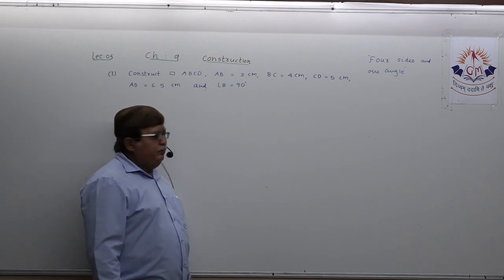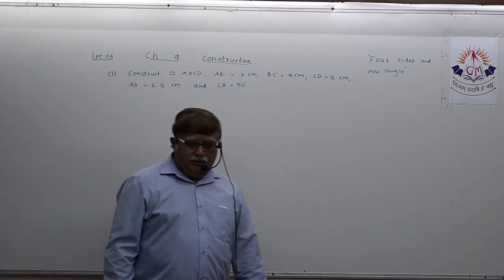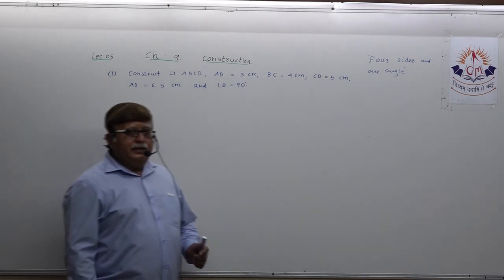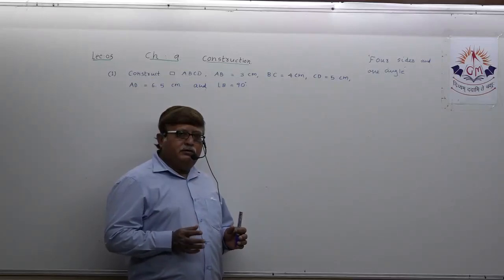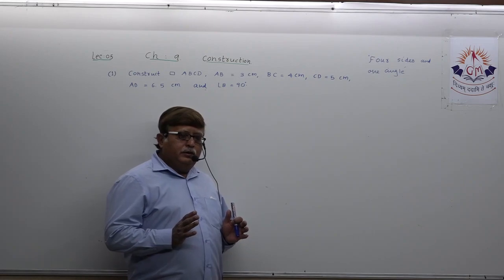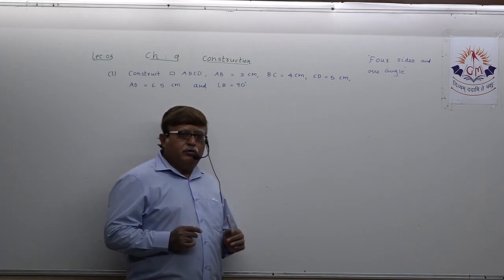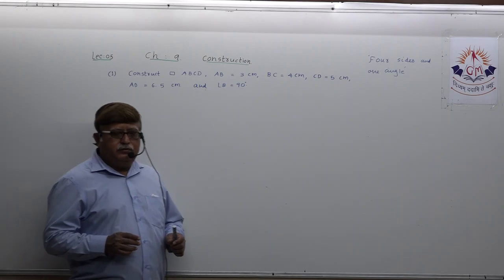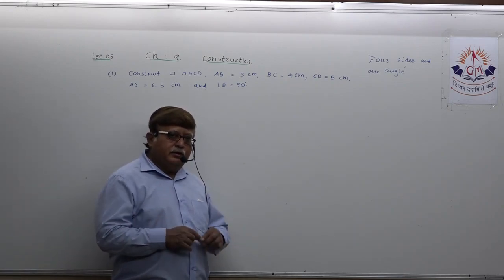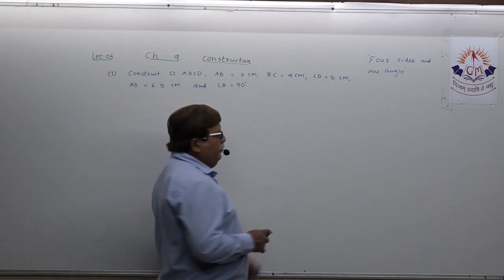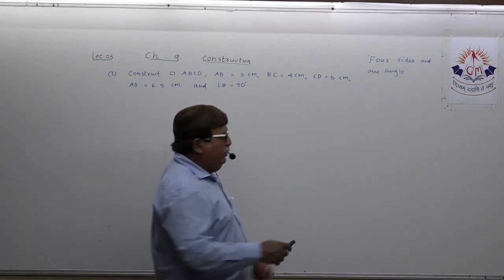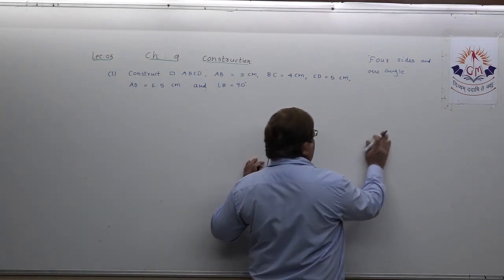Angle B has been given 90 degree. Now, as you all know, there is always an insistence for drawing the rough sketch of the construction. Rough sketch is going to give you a complete idea regarding the construction. So here, dear student, we are just drawing the rough sketch of the construction.